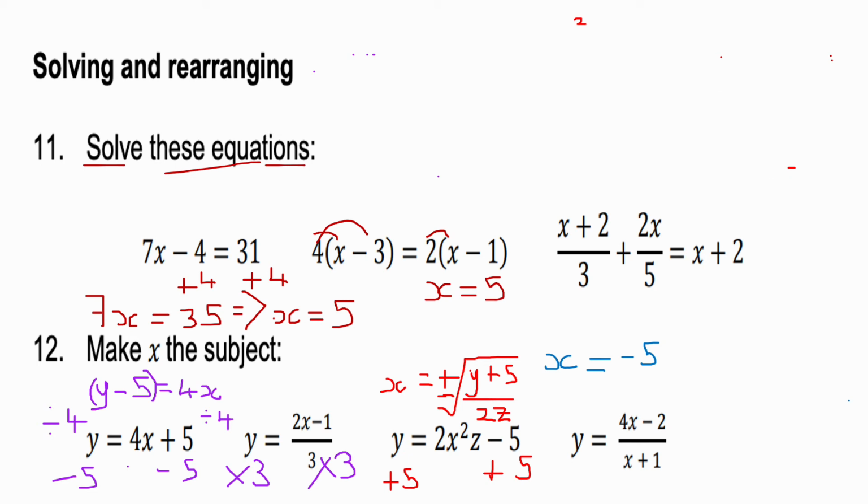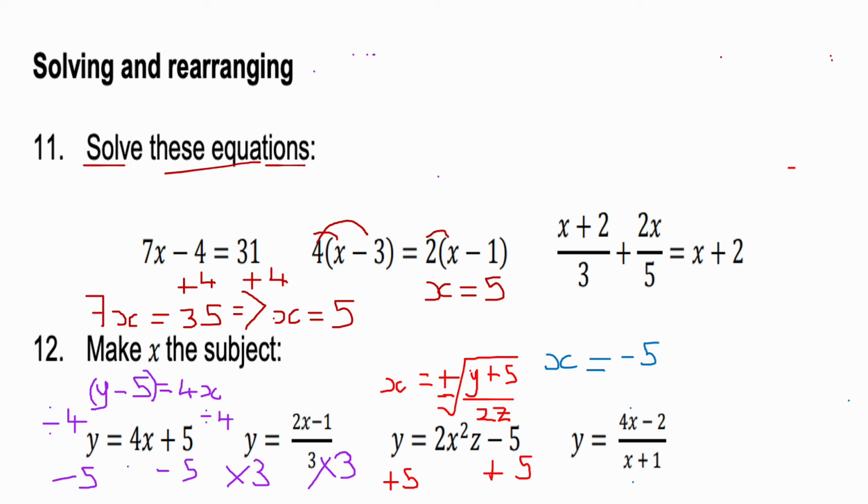So I've got y is equal to 4x minus 2 all over x plus 1. I've got an x on the top and an x on the bottom. This topic specifically is where the subject appears twice, which means it appears in the numerator and the denominator.